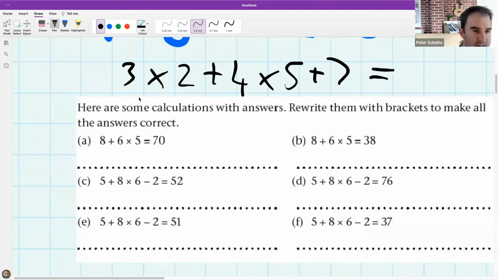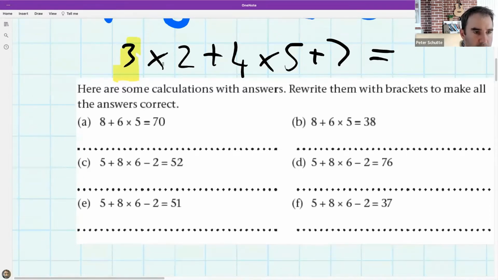Well, the problem we have is that we don't know if it's 3 multiplied by 2 first. Oh, sorry. My screen is going a bit bonky. Do I go 3 multiplied by 2 first, or should I go 2 plus 4 first? And so we have a rule called BODMAS or PEMDAS, depending on where you are in the world, that helps guide us.